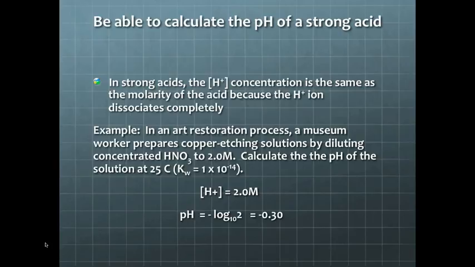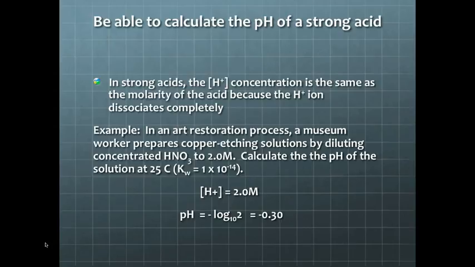Now, the next assessment criteria is calculating the pH of a strong acid. By definition, strong acids are acids that dissociate completely. That is, the hydrogen ion dissociates completely in solution.